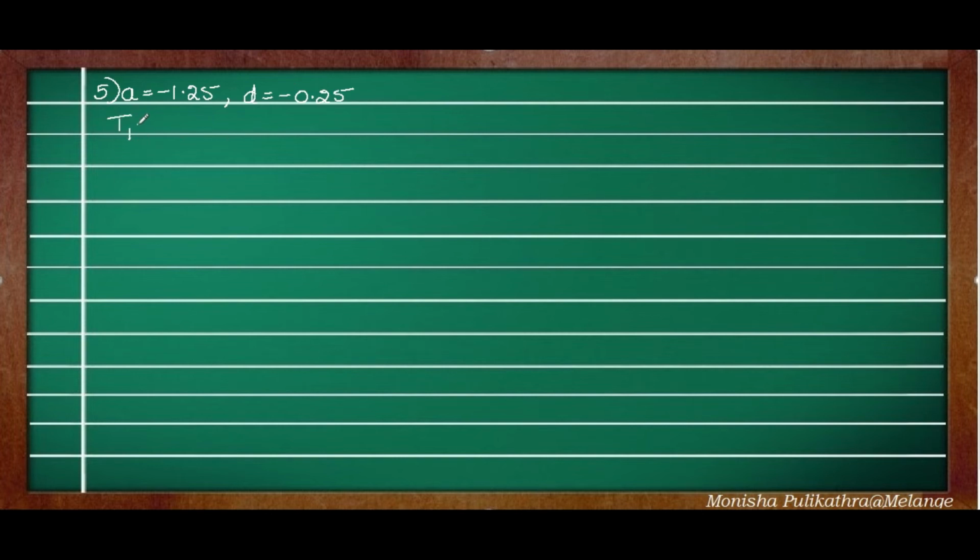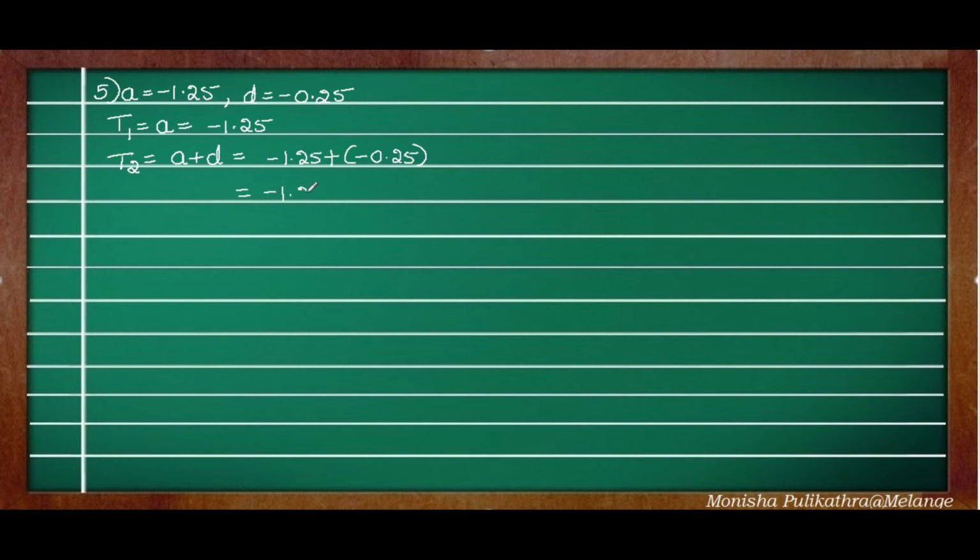So the first term is equal to A, also equal to minus 1.25 as it is. The second term is given by A plus D, that is A is minus 1.25 plus D is minus 0.25.